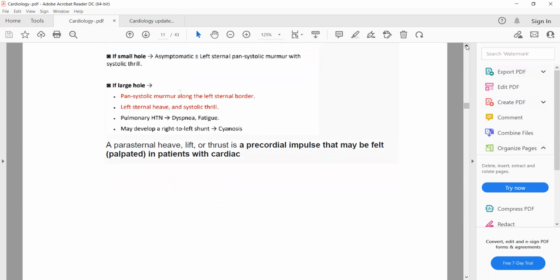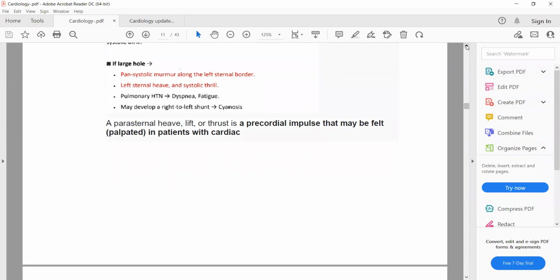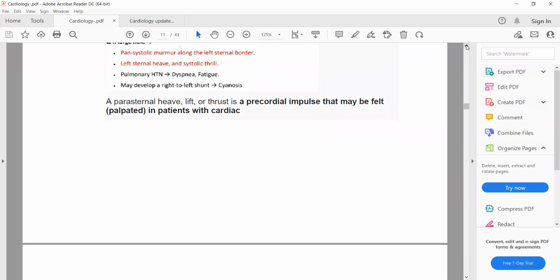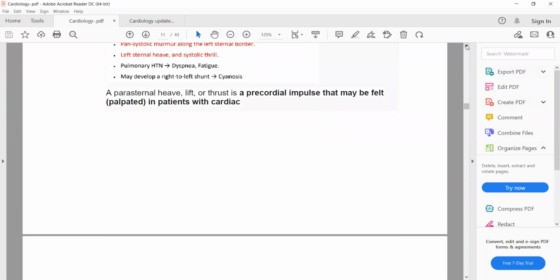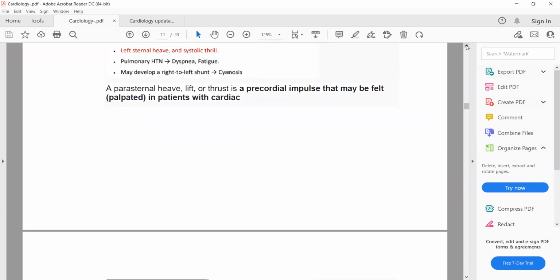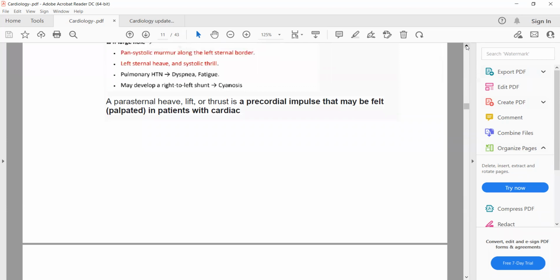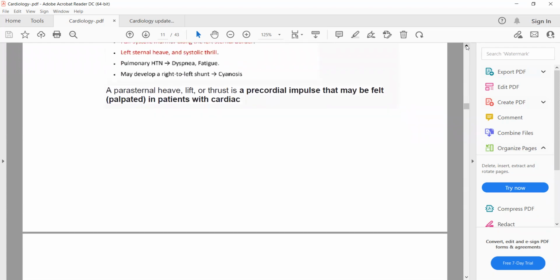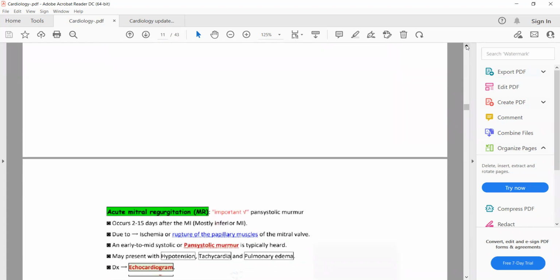It can also cause pulmonary hypertension because of pooling of blood in the pulmonary vasculature, and it can also lead to right to left shunt, which will result in cyanosis. So that's why if there's a large ventricular septal defect, urgent surgical correction is needed.